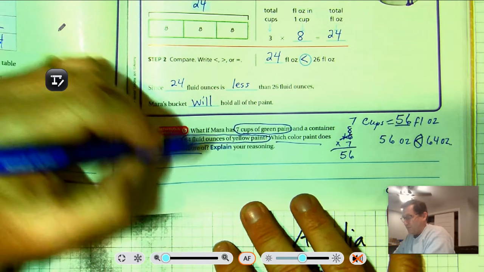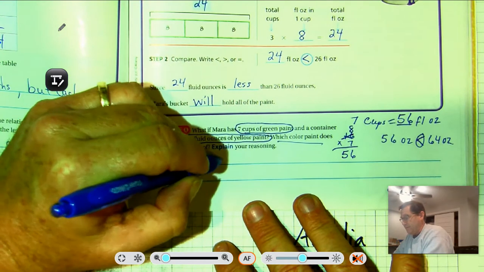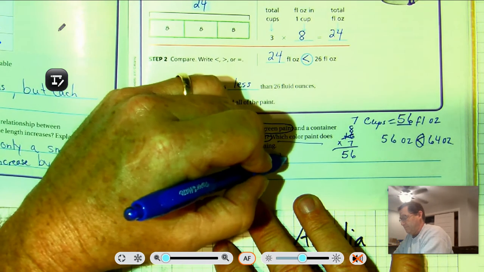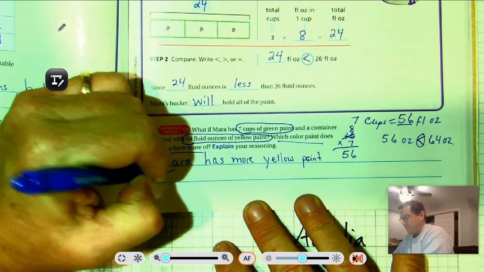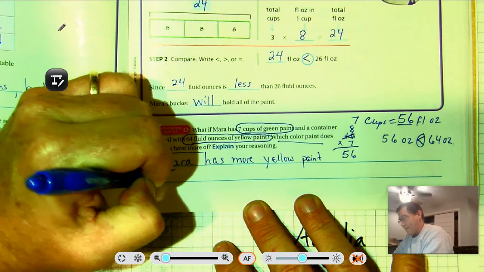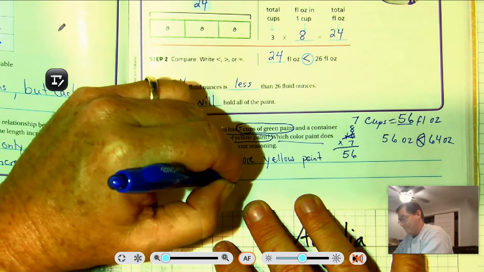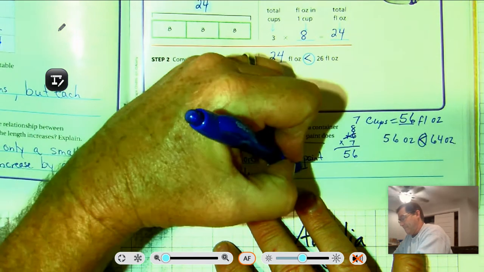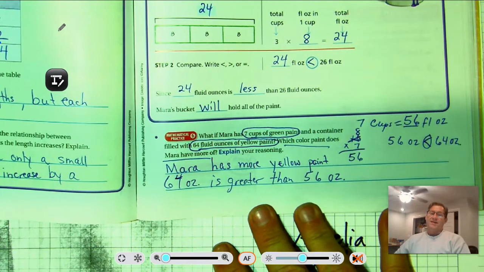So Mara has more yellow paint. Okay, so 64 ounces is greater than 56 ounces. So she has more yellow paint.